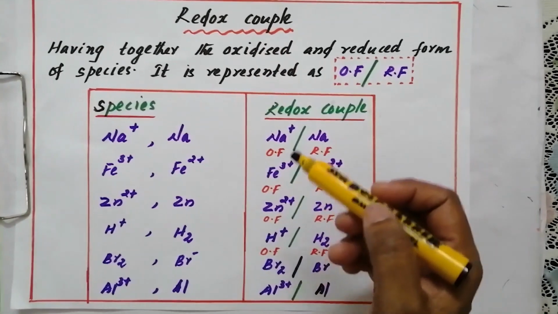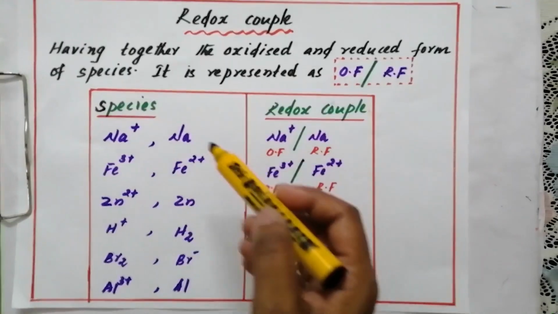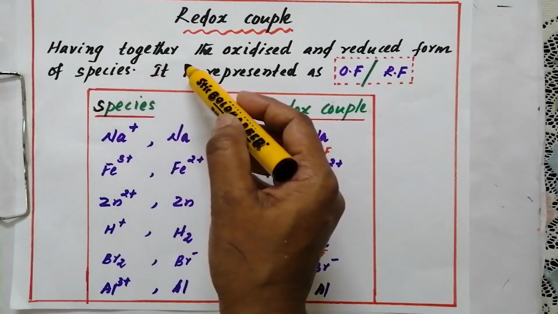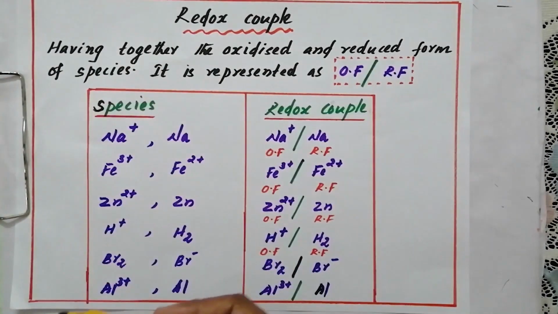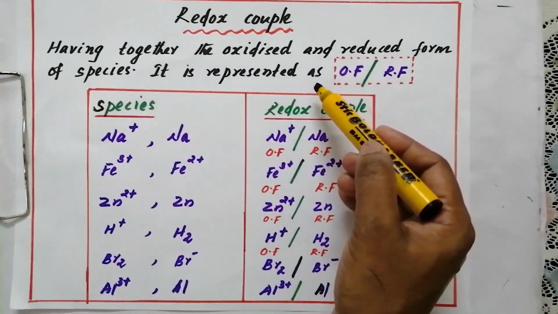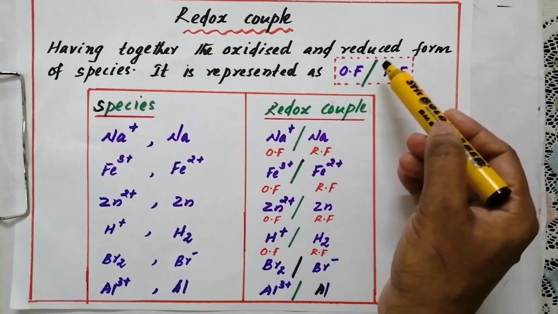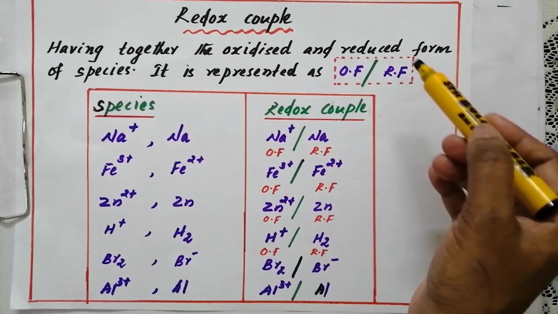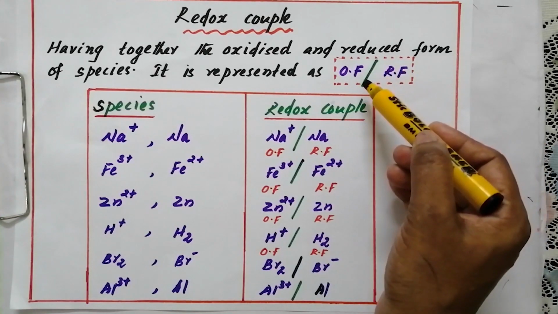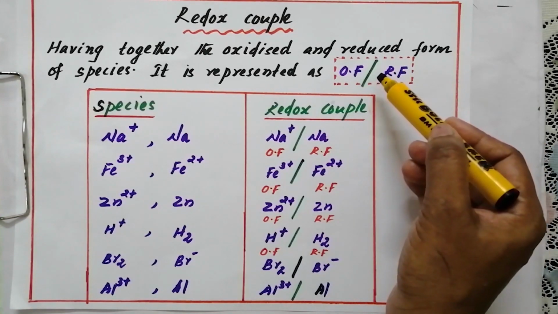Redox couple. Redox couple is explained as having together the oxidized and reduced form of species. It is represented as oxidized form / reduced form. The slash represents the interface.